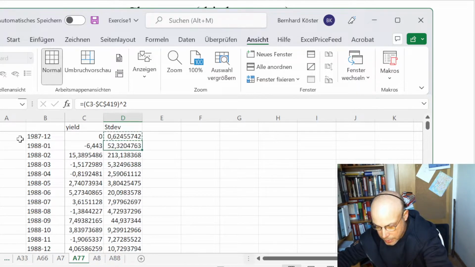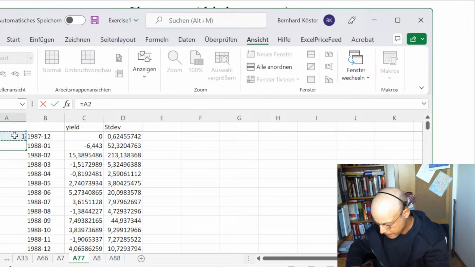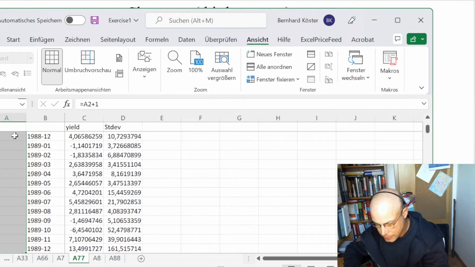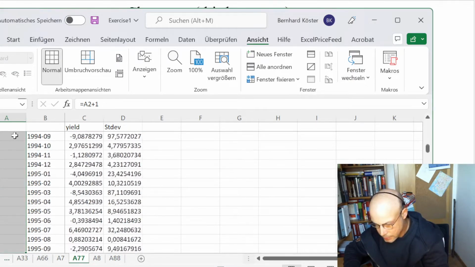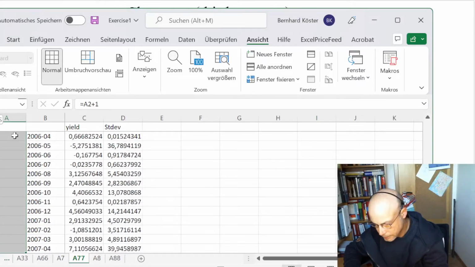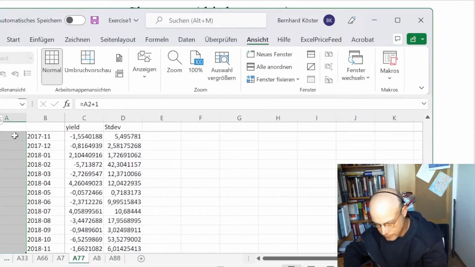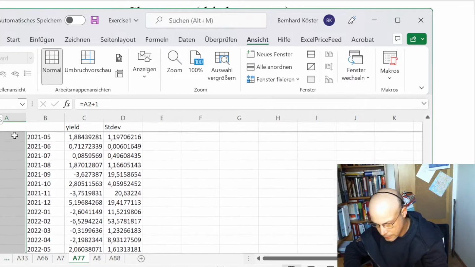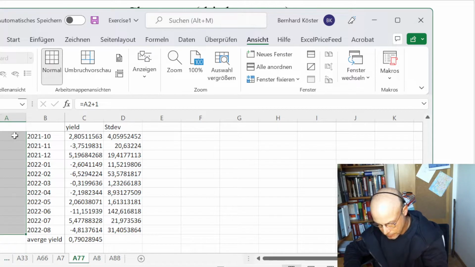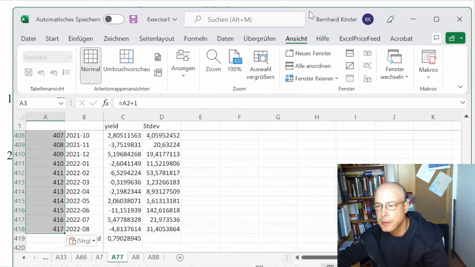So we have to look up how many data points we have. 417. So now you see it also.